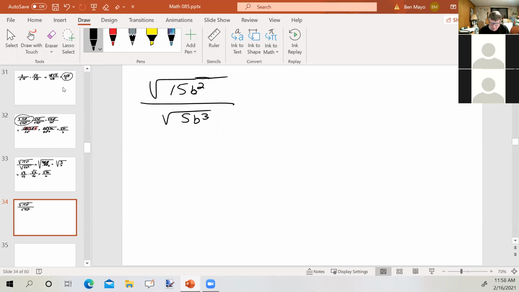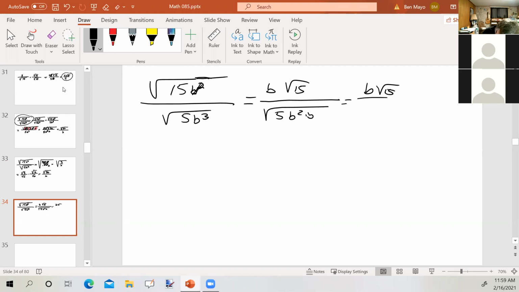Another thing I could do is simplify each thing. On top, I'd have b square roots of 15. On the bottom, I'd have b square roots of 5b. I could cross out the b's.